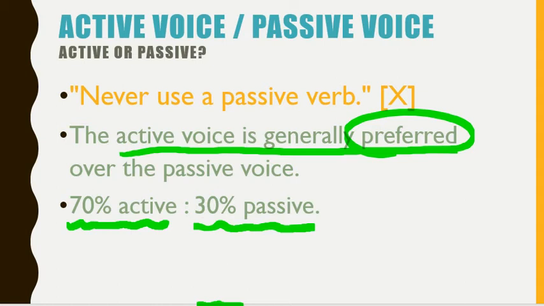But after you're done writing your essay, and when you look back and you see that you have some passive here and there, and it seems like 30% or less, then you're on a good track. If you find that more than half of your sentences are written in the passive, you should go back and look more closely. But if you follow the actual rule of using passive only when necessary, you wouldn't have to even worry about that.